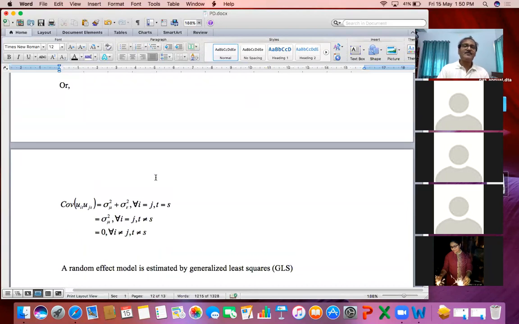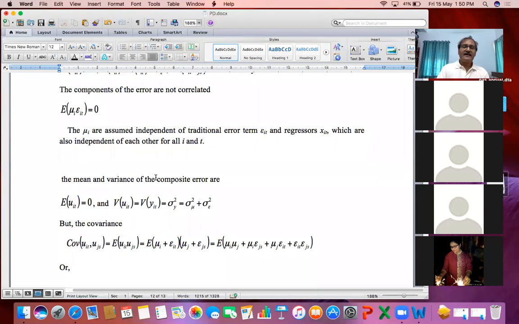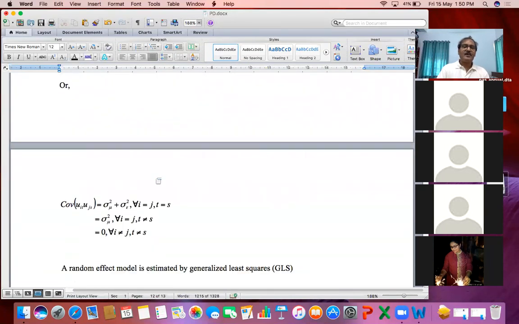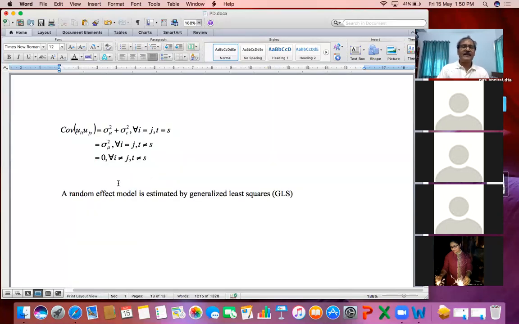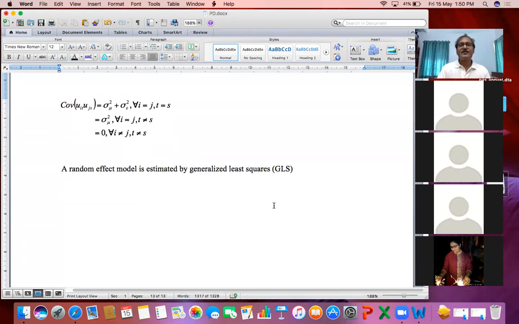So the zero covariance or non-autocorrelation assumption is not appropriate for the random effect model. For that reason, the random effect model cannot be estimated by applying OLS. So in that case, we have to follow a method known as GLS, generalized least squares.